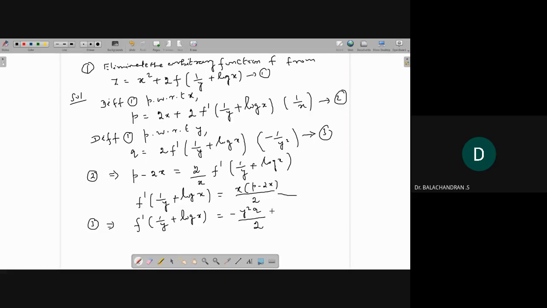From these two, because the left hand side is same, the right hand side is also same. So the 2 gets cancelled. x into p minus 2x is equal to minus y square q.